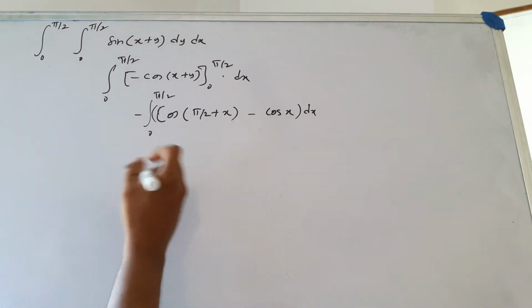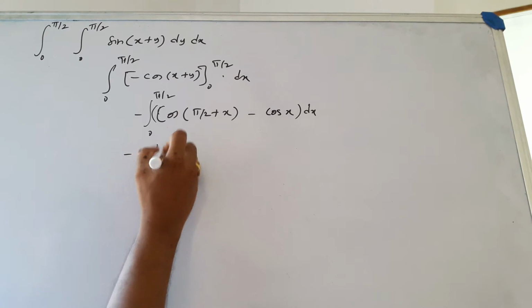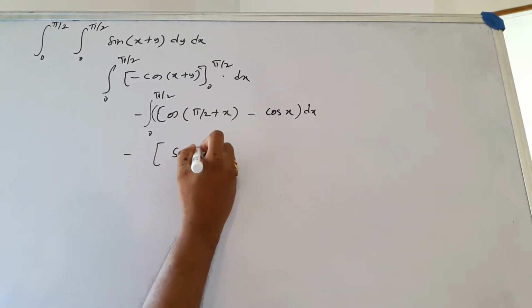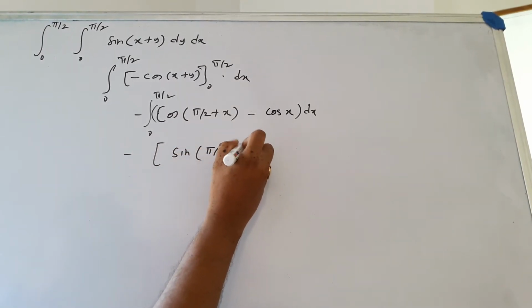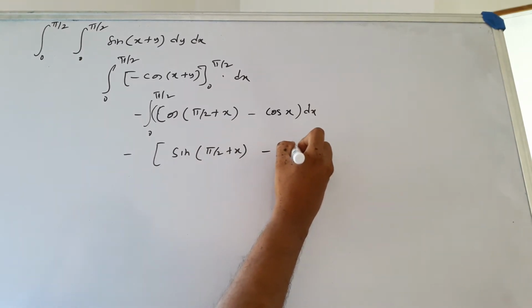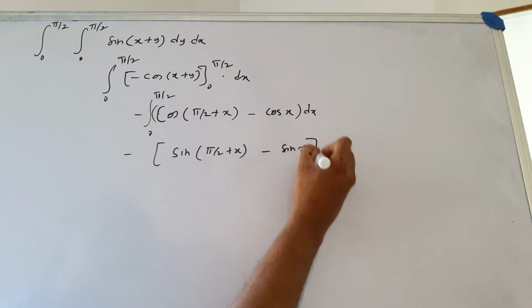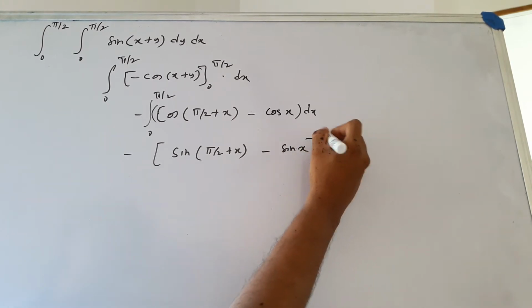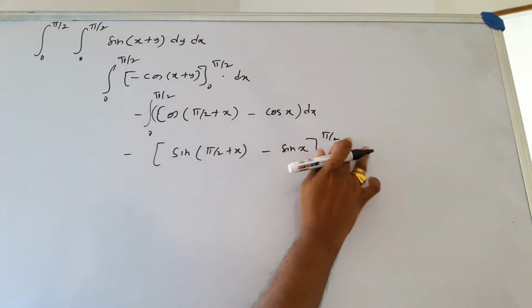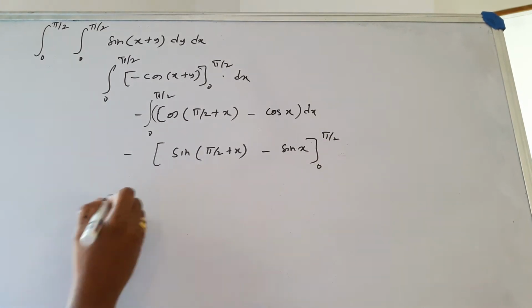Now integration of this again, I'll get as sine pi by 2 plus x, sine x, again the limits 0 to pi by 2.